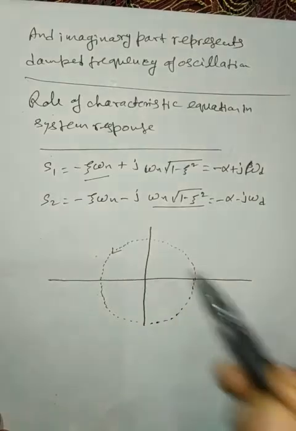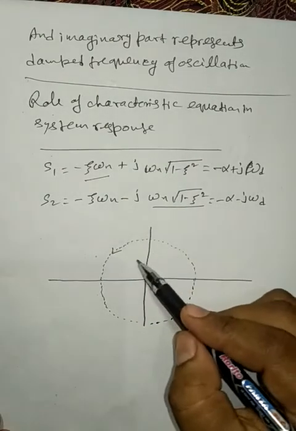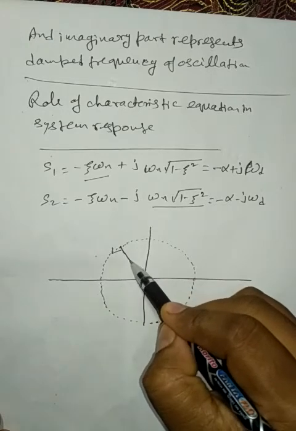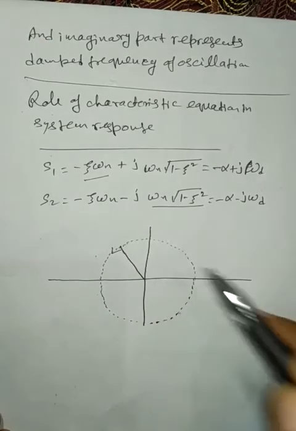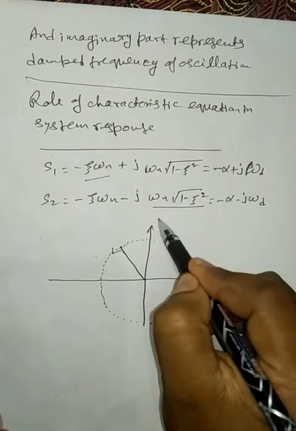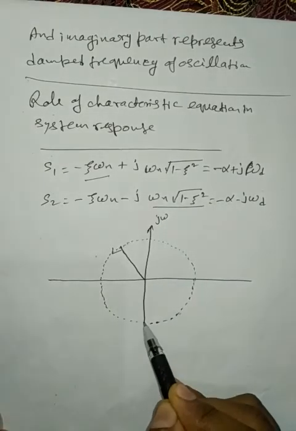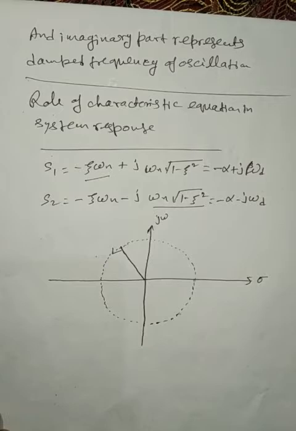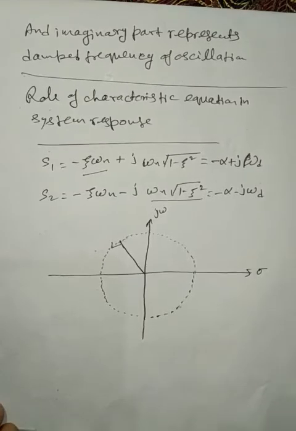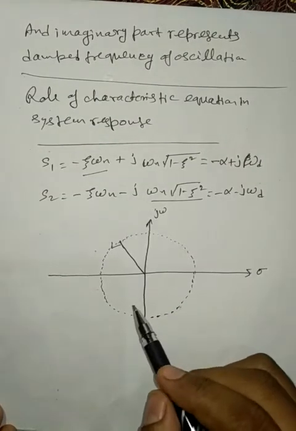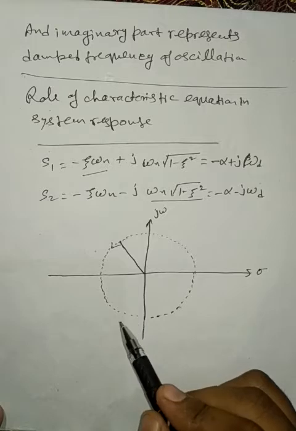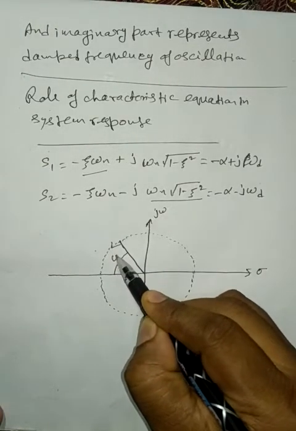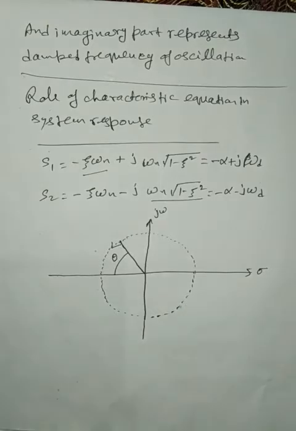The direction is here, and like this one is j omega, and here I have sigma, and this angle is theta.